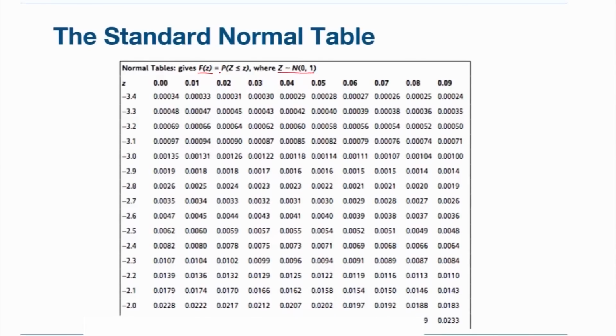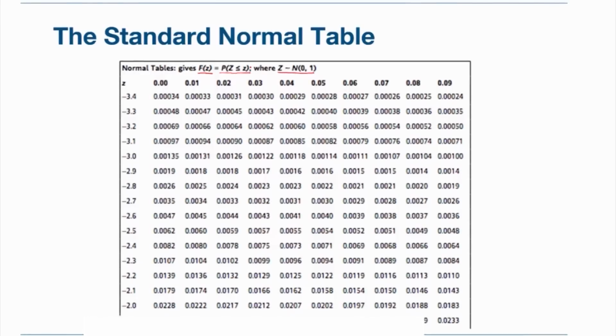It gives the proportion of values for the random variable z that are less than or equal to a particular value of z. So the probability that a random variable big Z would be less than or equal to a particular value of z.